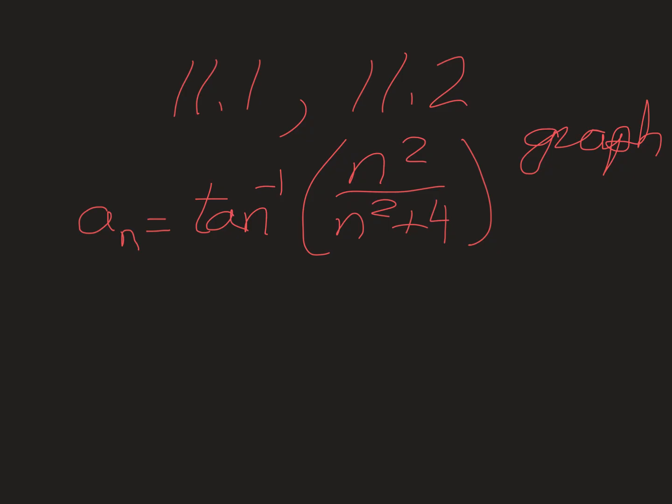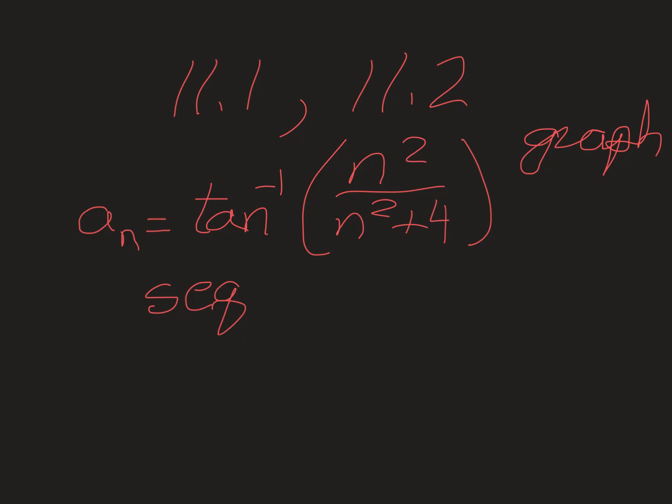When I did this on my graphics calculator, I set my calculator to sequence mode. Under the mode, type the function in, inverse tangent of n squared over n squared plus 4, and then I graphed it.